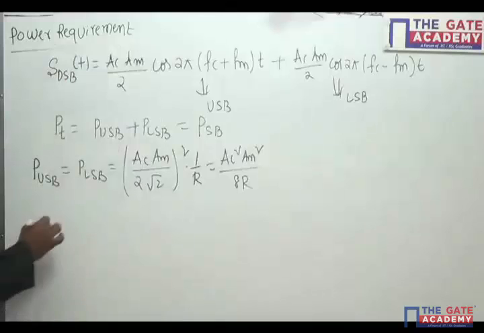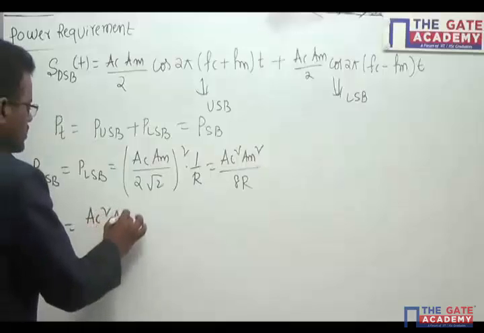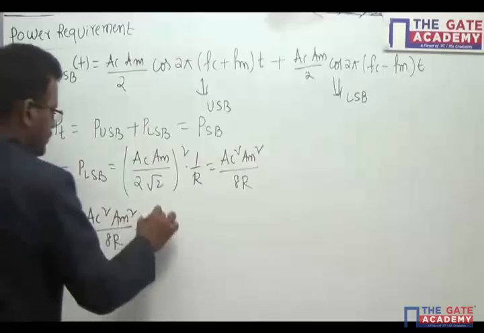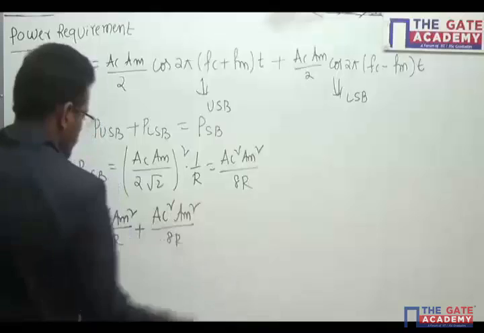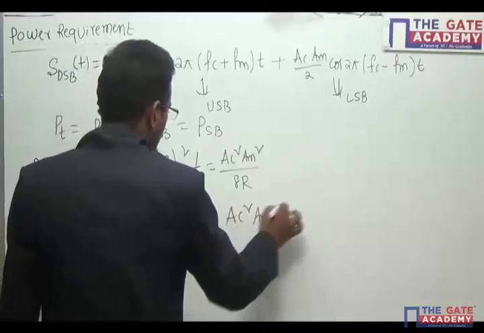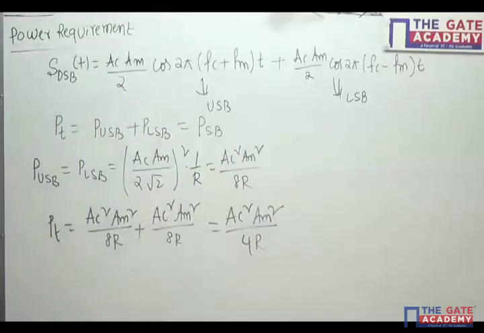Substitute the value. So the upper side band power is Ac square Am square by 8R. The lower side band is also the same, Ac square Am square by 8R. So what is the total power you will get? Ac square Am square by 4R is the total power.